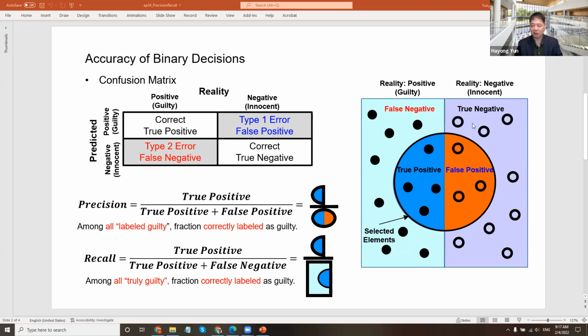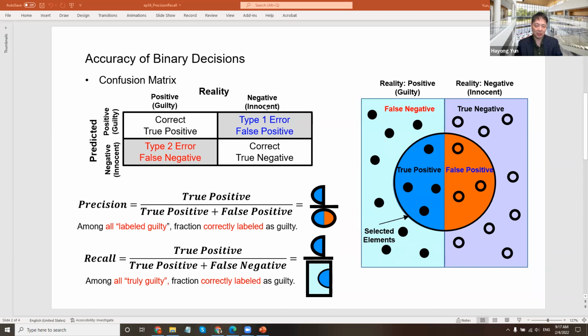And outside the circle are the truly negative. We often also separate them as a confusion matrix. Here we have the reality of guilty and innocent, positive or negative, and the predicted: our model predicts negative or positive. When it's actually guilty and we accuse them, it's truly positive, correctly accused.